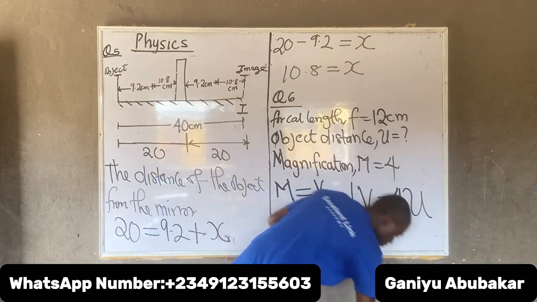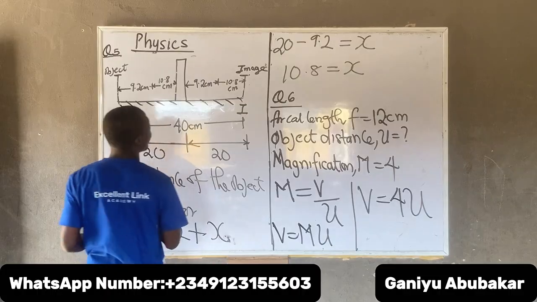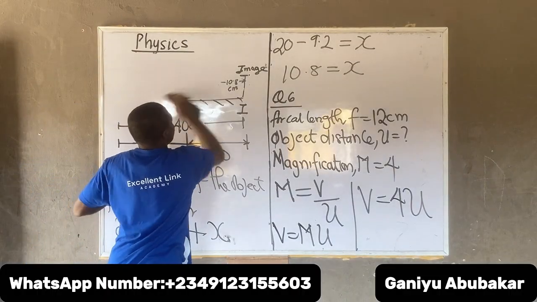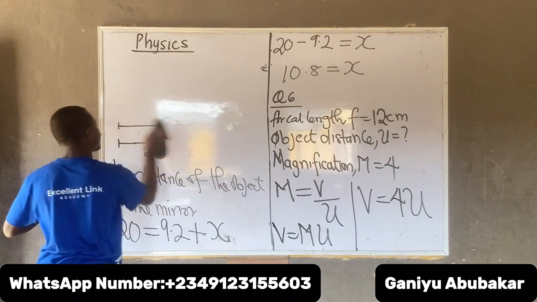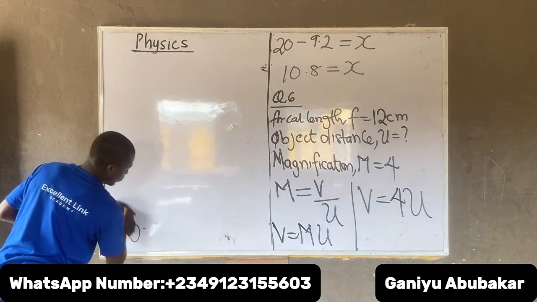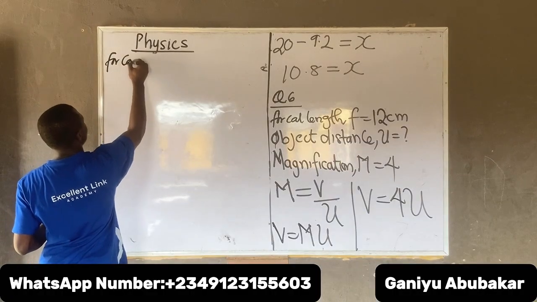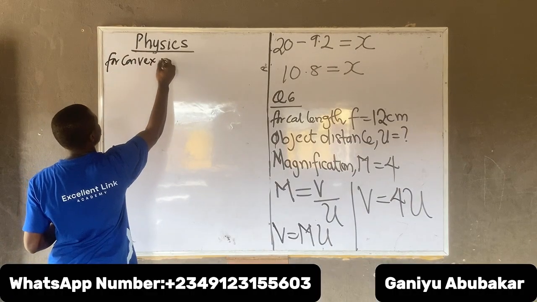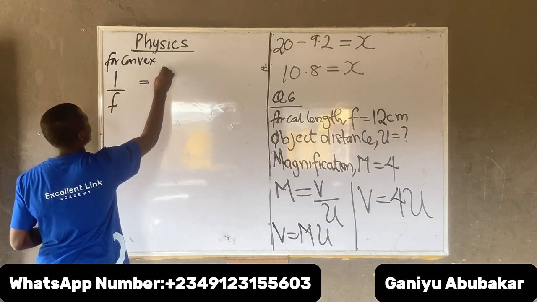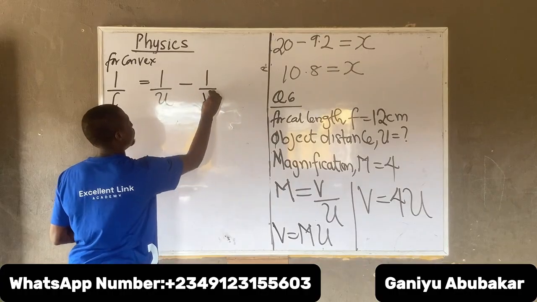So this focal length was brought from the idea of a convex concept, and that gives 1 over f equal to 1 over u minus 1 over v.